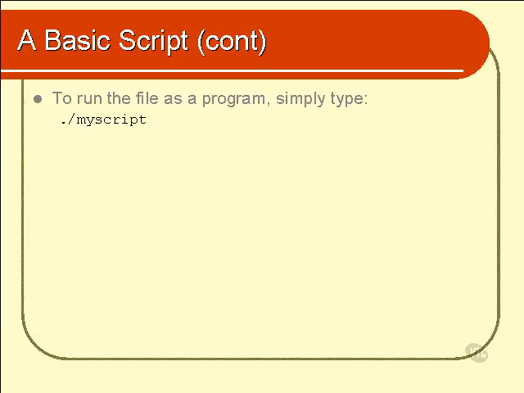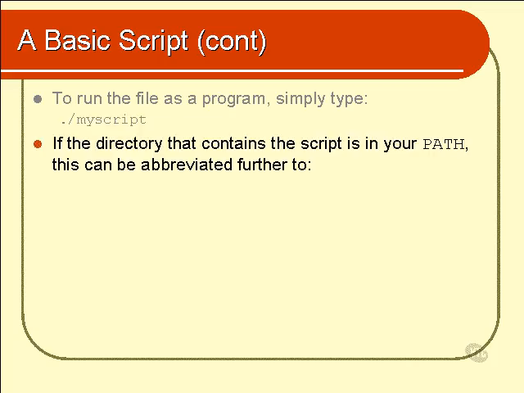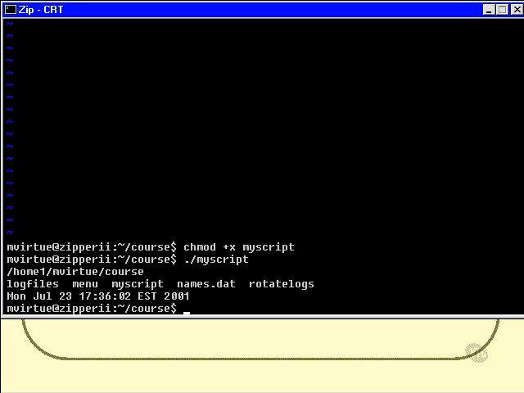Now there is a slightly shorter way of getting the script to run, but that depends on the fact that the directory that the script is in is in your path. If the directory is in your path, then you can abbreviate this further to just simply type in MyScript. Let's have a look at that. Now, how do I find out if it's in my path?